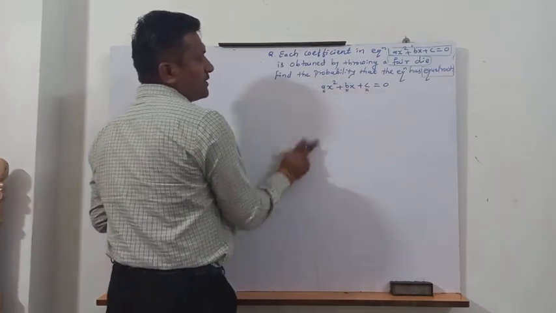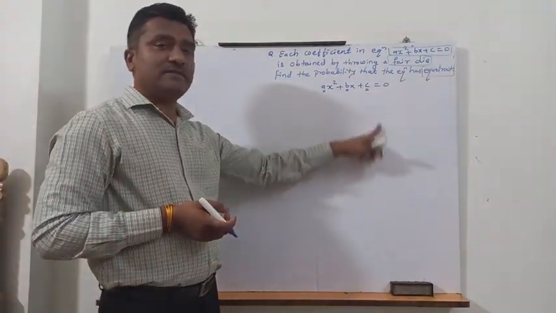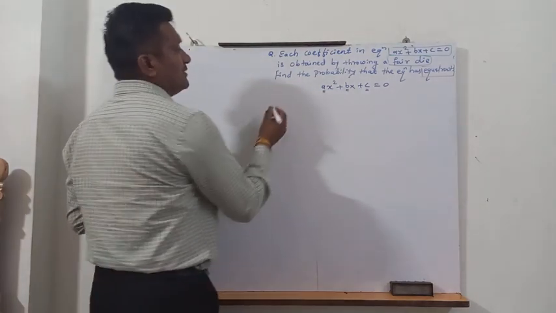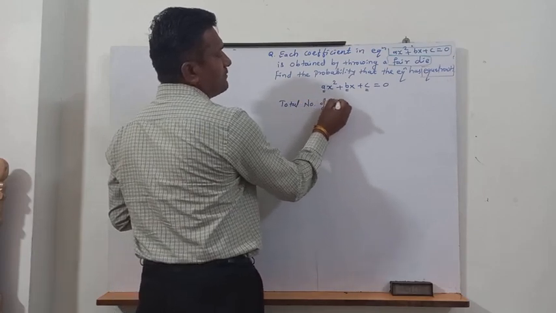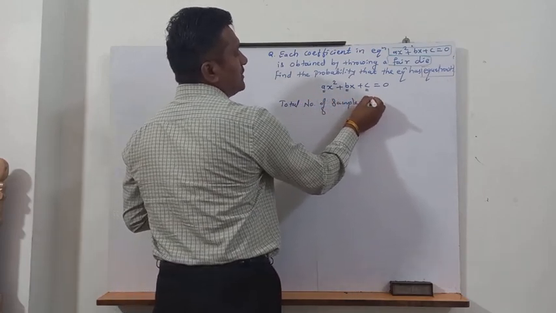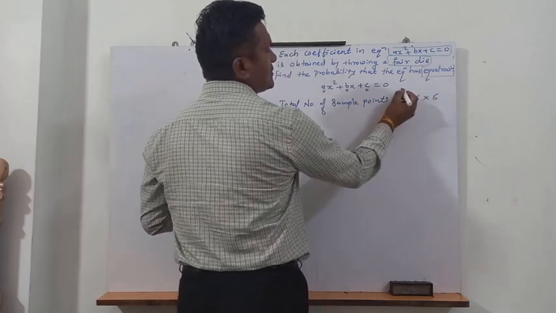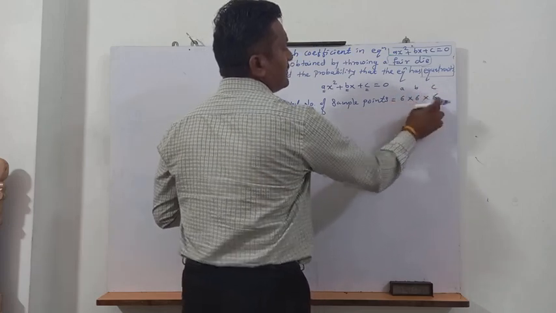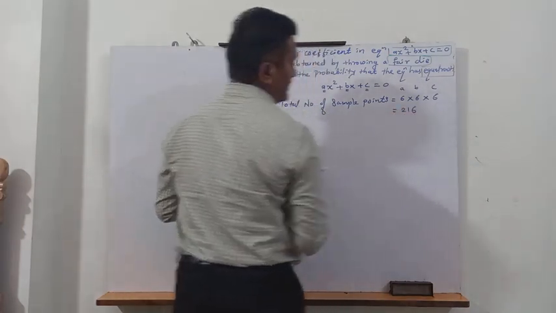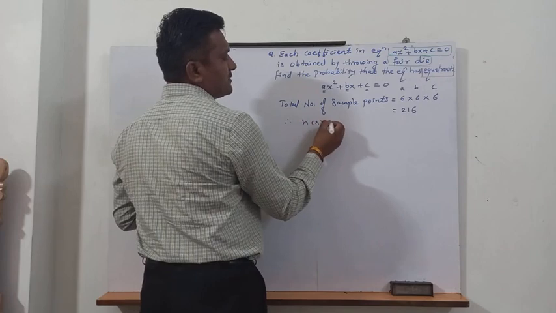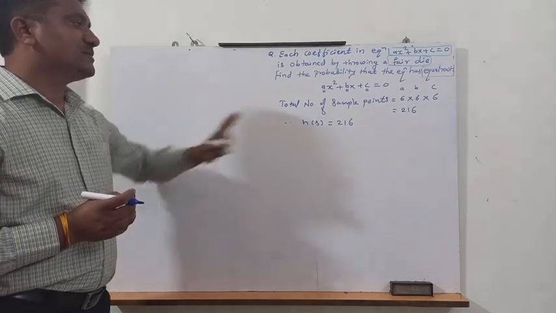So A having 6 possibilities, with B 6 different possibilities, with C 6 different possibilities, that means we can say that the total number of sample points can be found as 6 into 6 into 6, because related to A, B and C we can find out the total possibilities. That is 216. Therefore, the number of sample points S equals 216. So this we got.